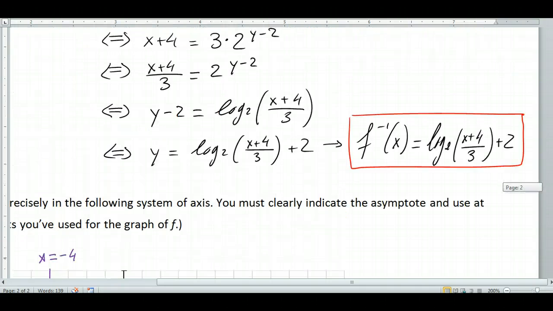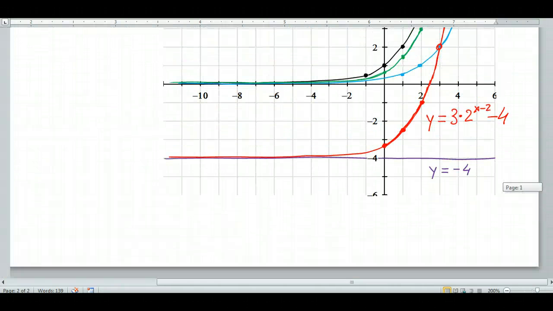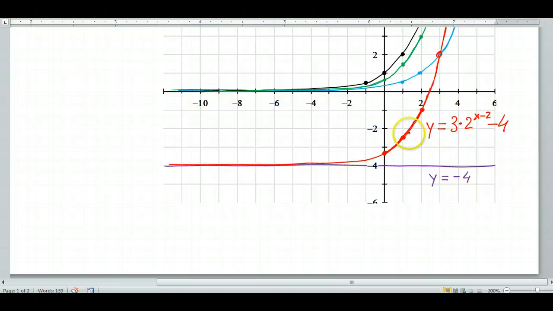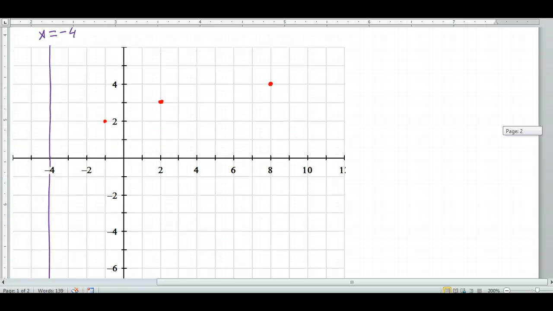Now let's see if I can play with the 2 points that are not integer coordinates. This is the point 1, negative 2.5, right? So negative 2.5, 1, negative 2.5 right here.